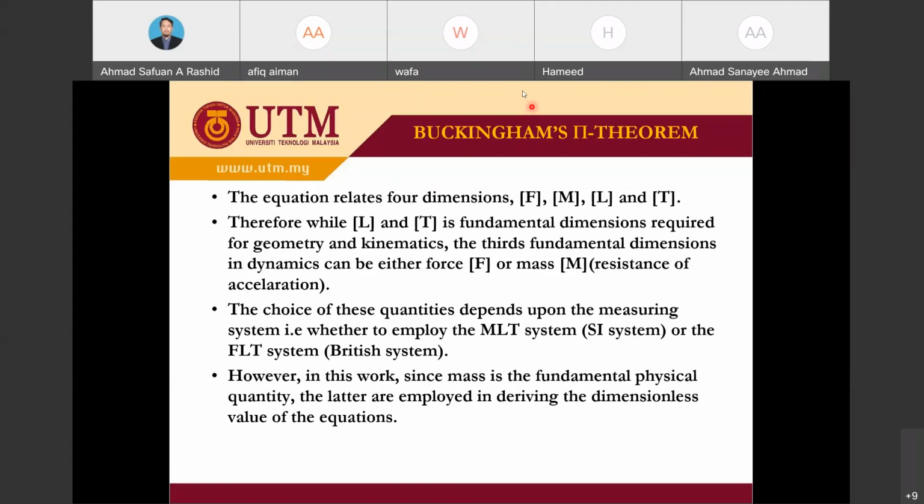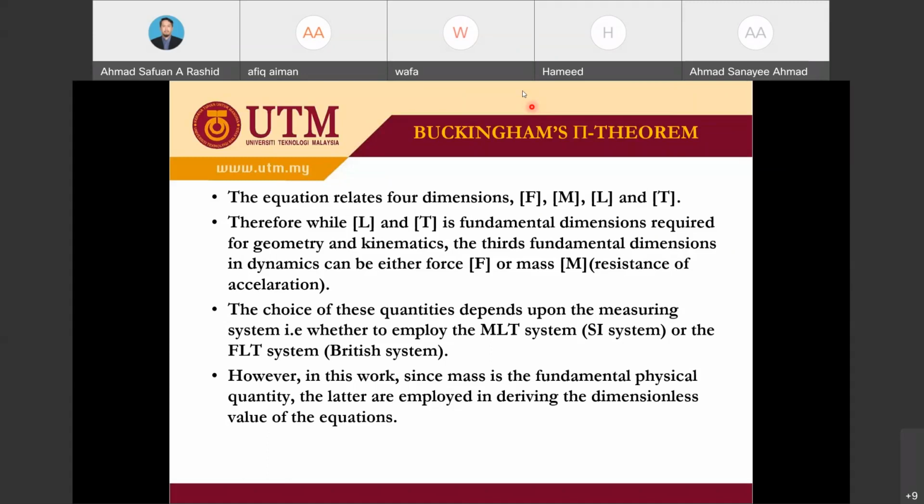So we need to choose which group of primary dimensions to be used for our analysis later on. The choice of this quantity depends upon the measuring system, whether to employ the MLT system, the SI method, or the FLT system, which is the British system.